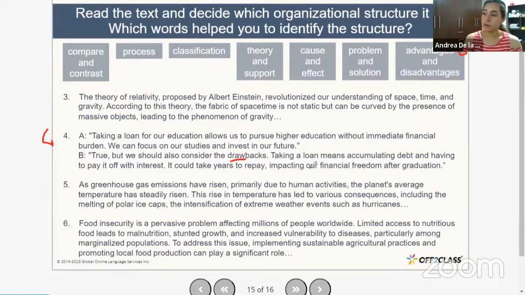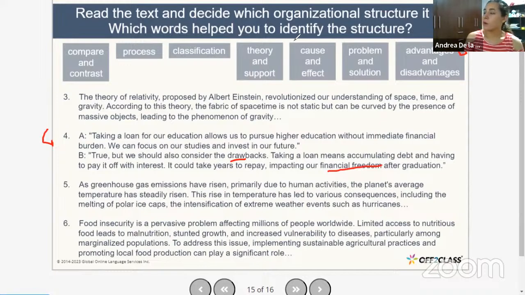It could take years to repay, impacting our financial freedom after graduation. So in this case, they are discussing the advantages, the pros, and the cons of taking a loan for educational purposes, right? The advantage would be that you can focus on your studies and invest in your future. And the drawbacks, the disadvantages, would be that you're not going to be financially free after you graduate.